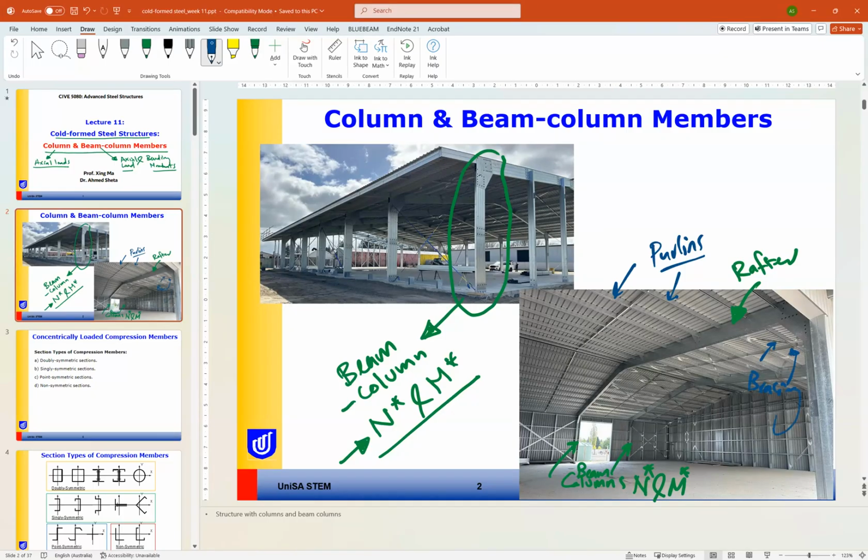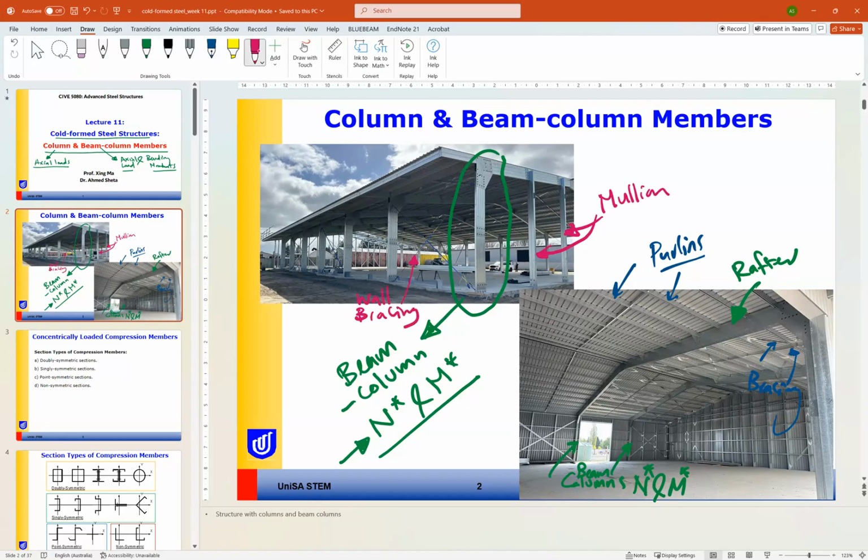And if I ask you, what is this member here or here? Do you know? Thanks, Michael. It is a little bit unclear, but this is wall bracing.